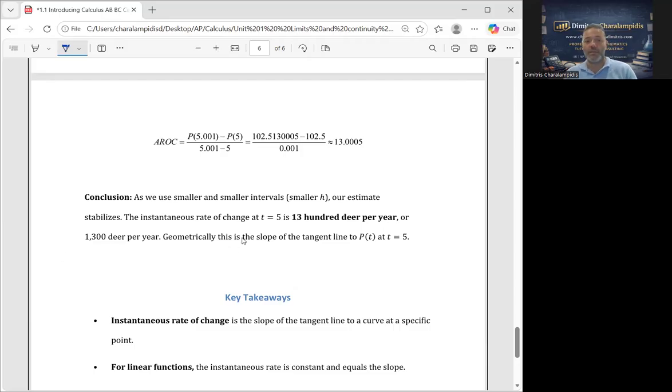So these numbers here, 13.05, then 13.01, 13.0005, are actually representing the slopes of the second lines that are getting closer and closer to the slope of the tangent line. And that tangent line's slope will be equal to 13.